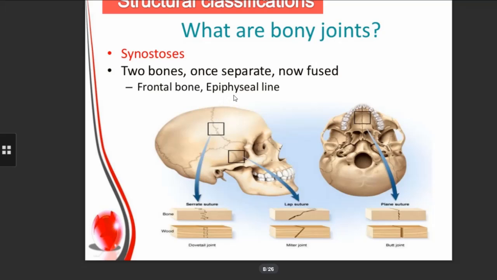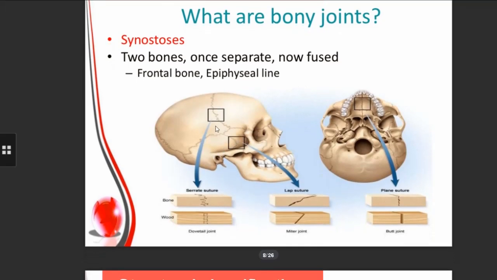And the epiphyseal line. There is a line in our bone, the epiphyseal line of cartilage, which is made up of hyaline cartilage, but with the progress of age, this cartilage is converted into bone and thus fuses the epiphysis and metaphysis together.